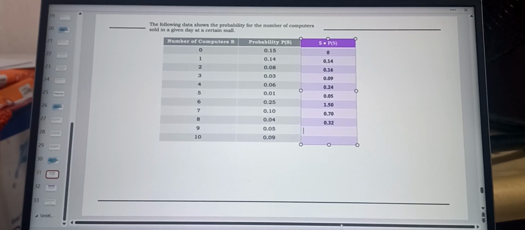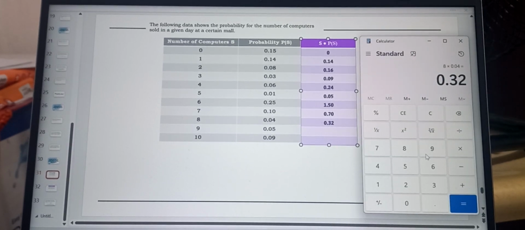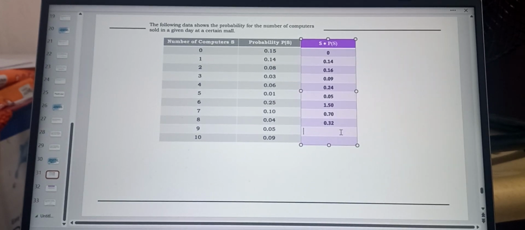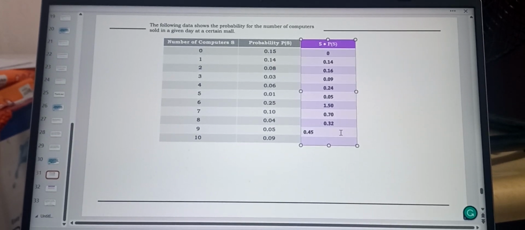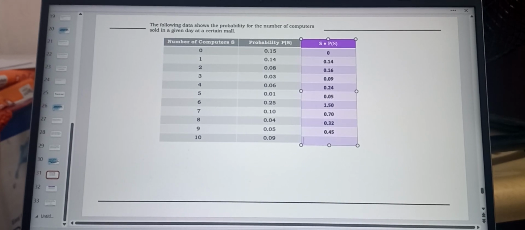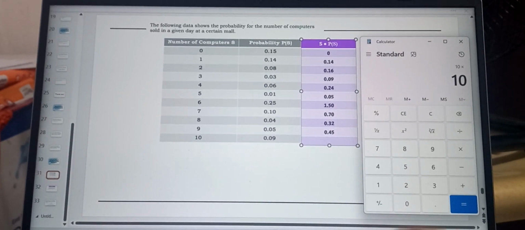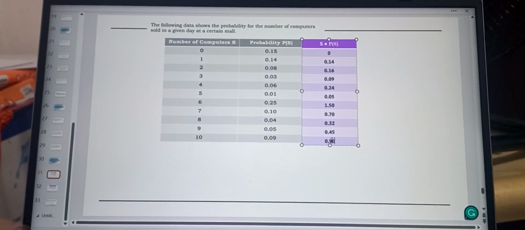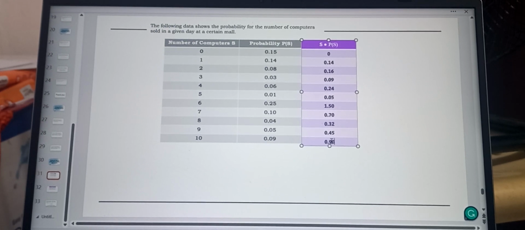Next, 9 times 0.05 is 0.45. And the last one, 10 times 0.09, so we have 0.9, or 0.90 in 2 decimal places.